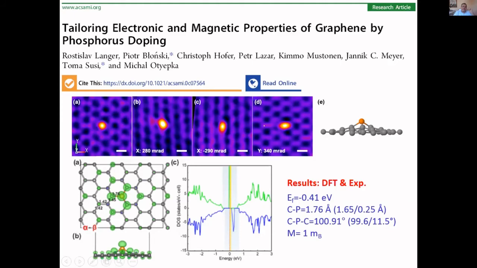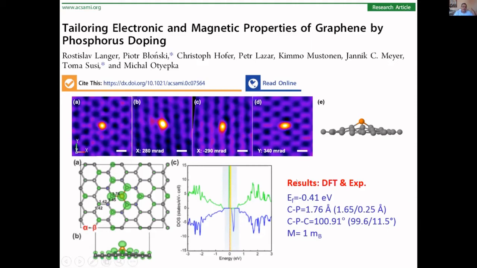And this impurity induces this kind of distortion in the graphene lattice. And in this report, very recently, more than 1 month ago, this group from Czech Republic produced the first samples of graphene doped with phosphorus, and they performed the characterization using atomic force microscope, and from that they determined the structural deformation in this case.